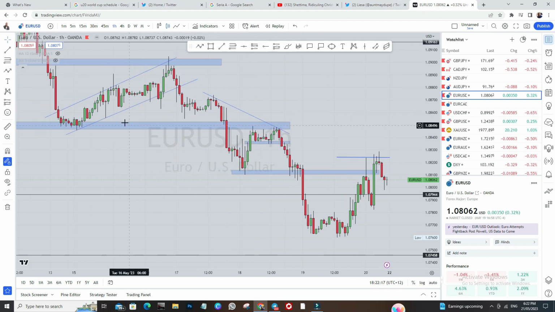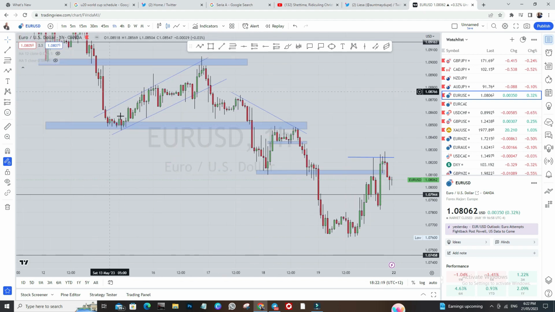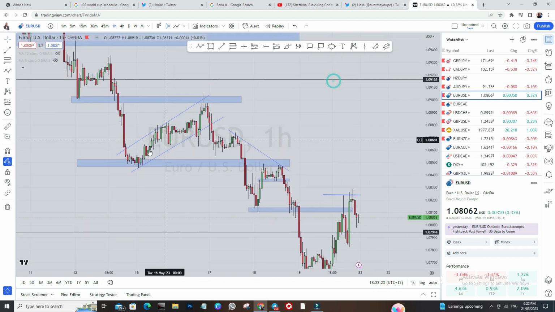Now price pushes to the downside, comes back again to retest this level. You can see the push to the upside to retest this level, and after that it started pushing downwards and downwards, and again I was able to identify this point as a level.